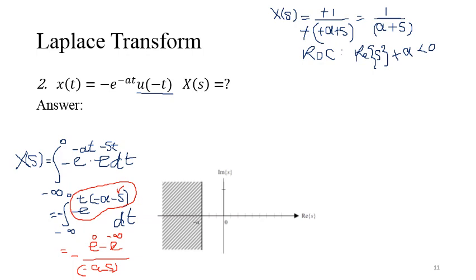It will be from minus infinity to 0. You can only integrate it when s plus a is less than 0. So the region of convergence is real of s should be less than minus a.